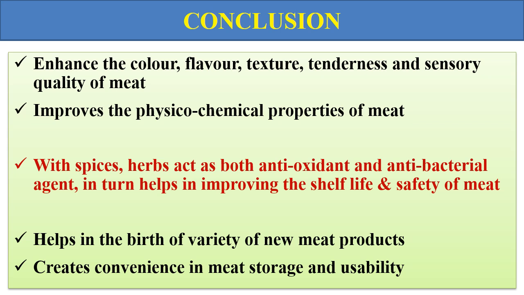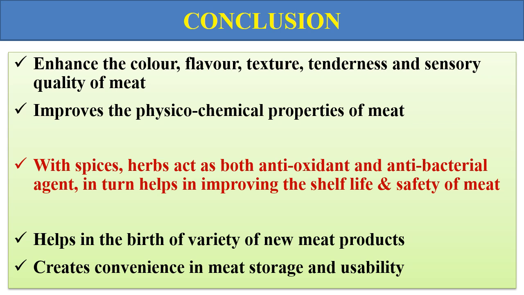So now we are at the end of today's lecture. In this topic today we have discussed the marination of meat. The first part is more about the basics of marination and the methods and ingredients, and how the method of marination affects the quality.